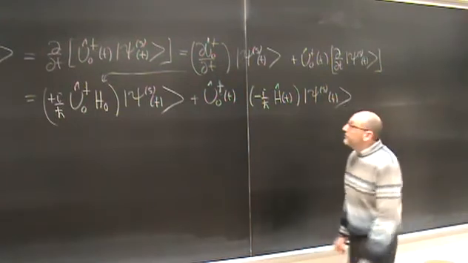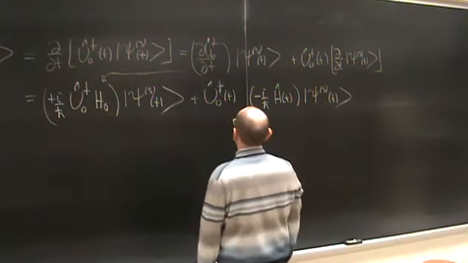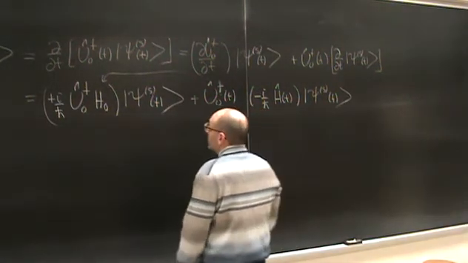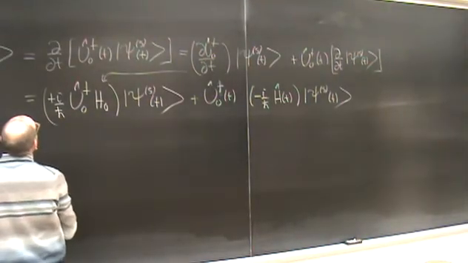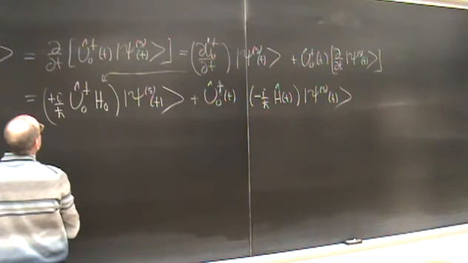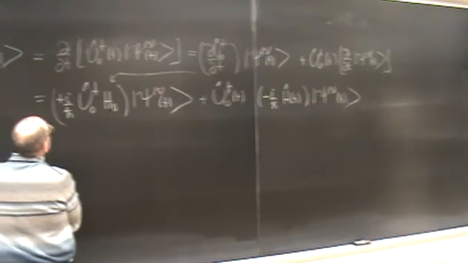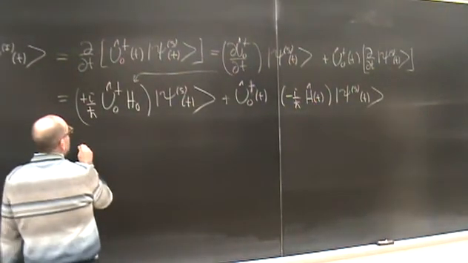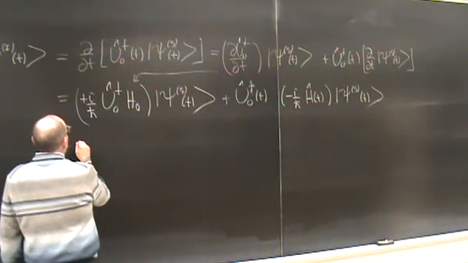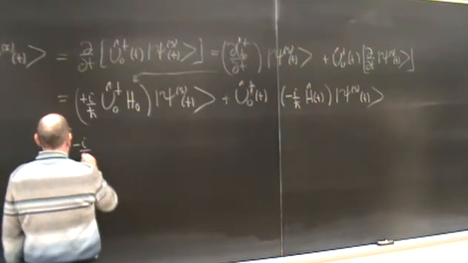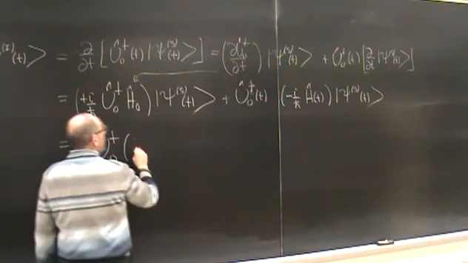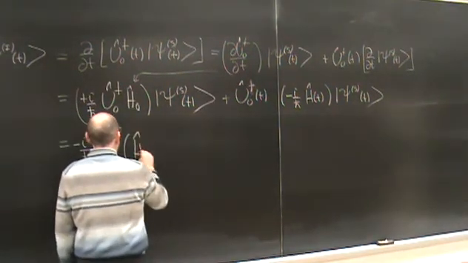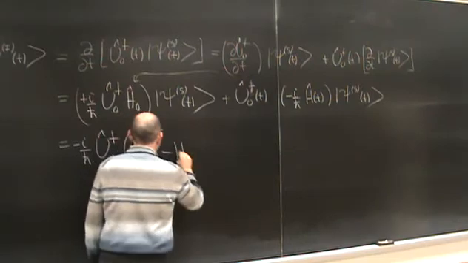Now we can combine terms. So what do I have here? This is then equal to minus i over h bar, U0 dagger, H of t minus H0.